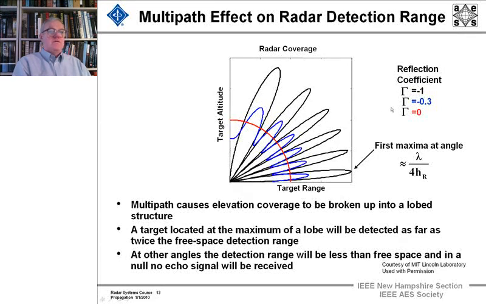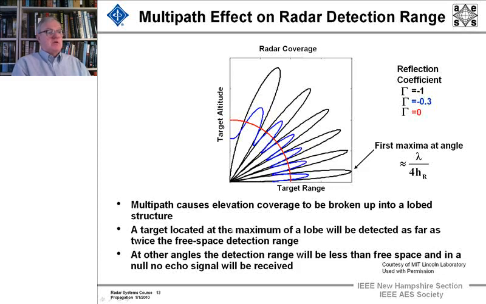If there was some roughness, but not too much, you get, say, -0.3, and you get some lobing. When you have a very rough surface on the ground, say rocks, or something that's absorptive to the radar radiation, you'll get 0, and the target detection will just be set by the radar equation.